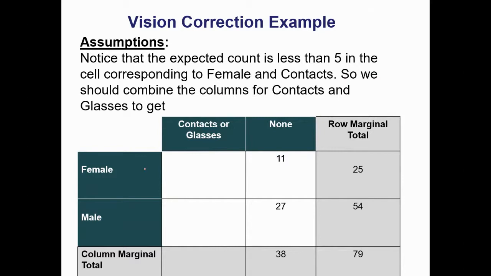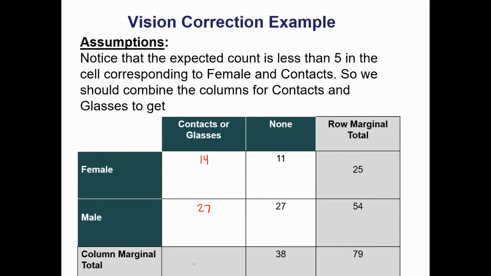Okay. So we're going to do just that. We're going to combine contacts with glasses. So how many females wear either contacts or glasses when you combine those? 14. How many males wear contacts or glasses? 27.